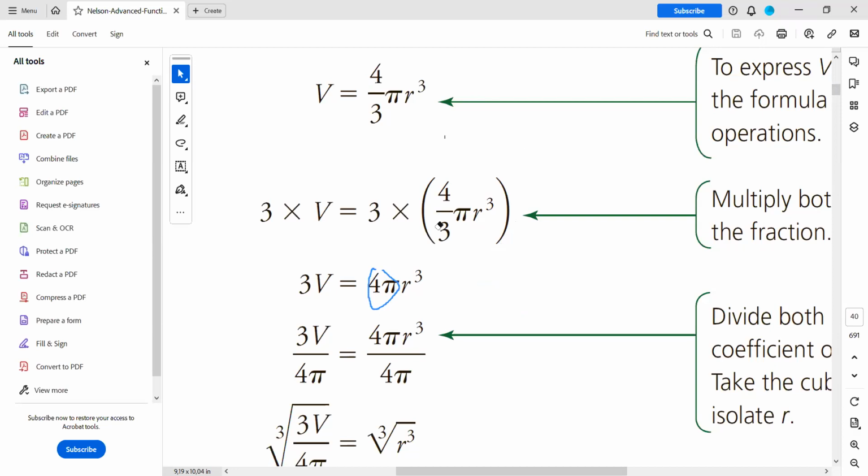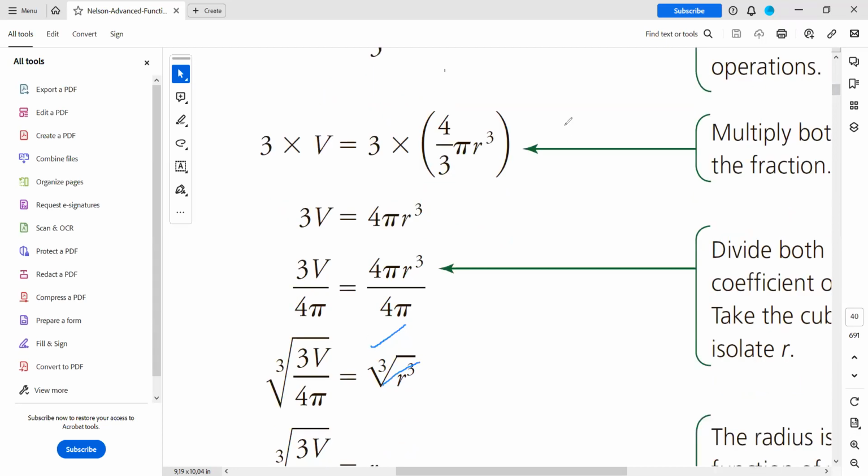So now I have to divide by 4 pi, simply dividing left and right-hand side by 4 pi. On the right-hand side, I can factor it out. And what am I left with? I'm left with r raised to the third power. I'm going to have 3v over 4 pi equals r to the third power.